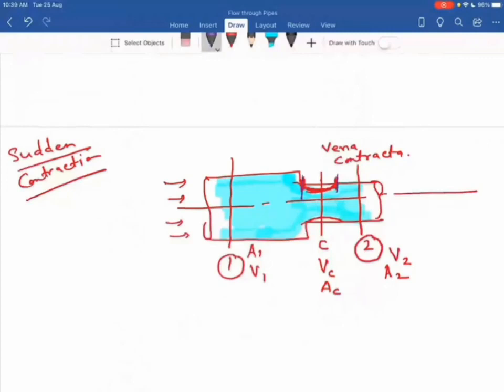One, when fluid is converging. The second, when fluid is diverging.